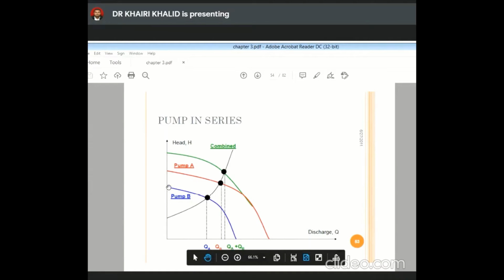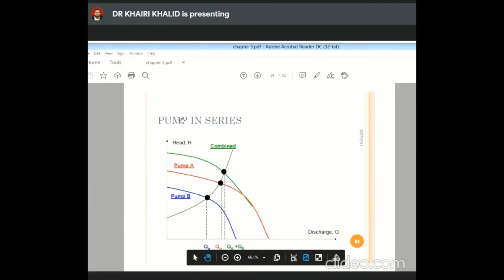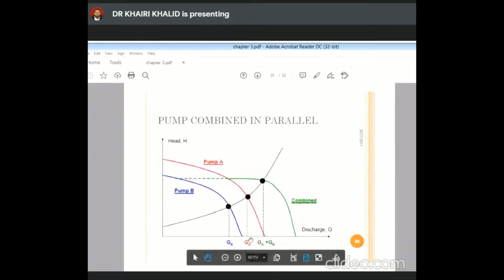This is the one that we discussed from the beginning: the single head, pump B, pump A. And then when we combine them, for pumps in series we increase the value of head, and for pumps in parallel we increase the value of Q.